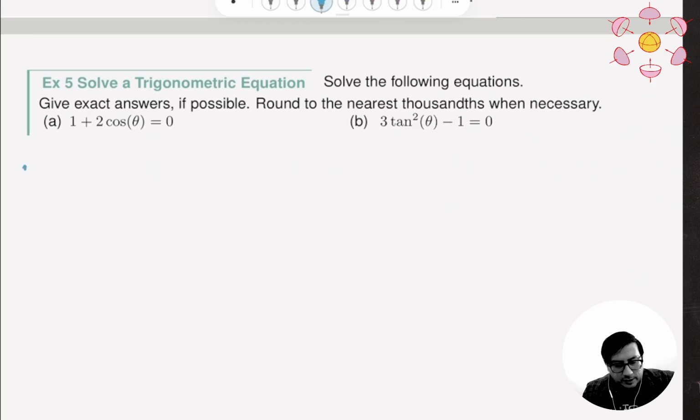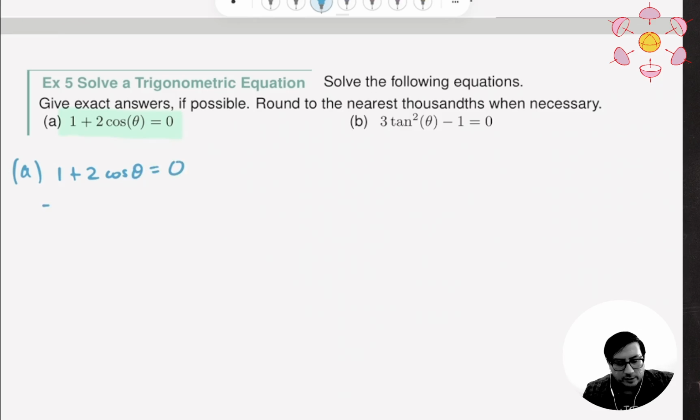All right, but let's jump into the solutions here. So let's look at part A. What's our first equation here? First equation is 1 plus 2 cosine theta equals 0. So, what we're going to do is we're just going to isolate the cosine and then see if we can solve the problem using the methods of before.